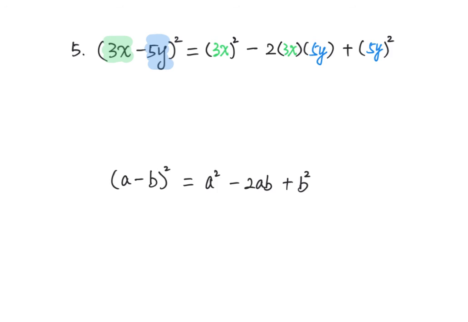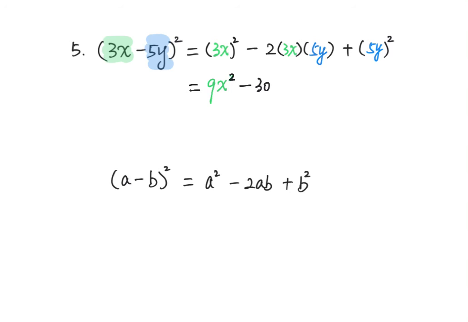So here we get 3 squared, which is 9, x squared, which is x squared, minus 2 times 3x times 5y. 2 times 3 is 6, 6 times 5 is 30.